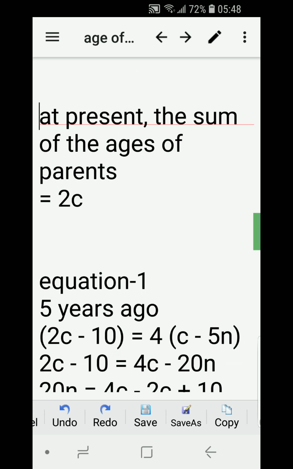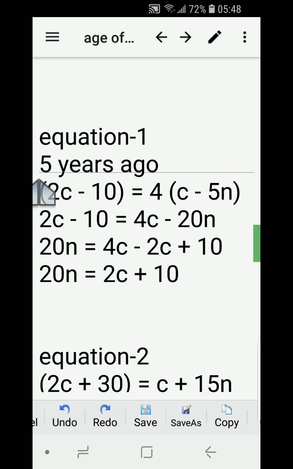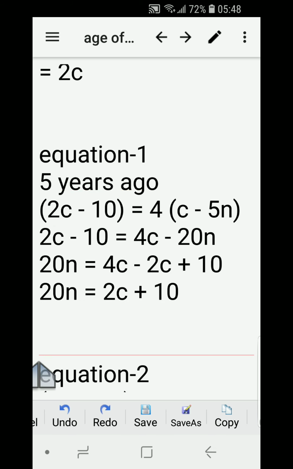That's why here we have 2c, the sum of the parents' ages, minus 10. Why did we get 10?